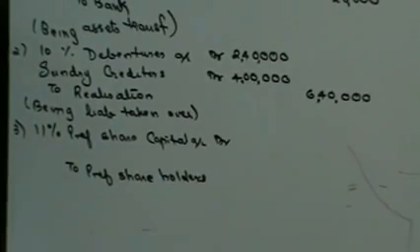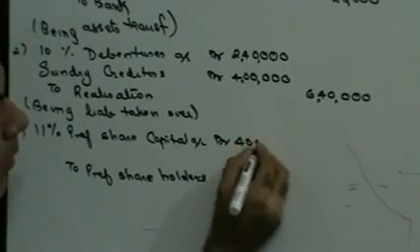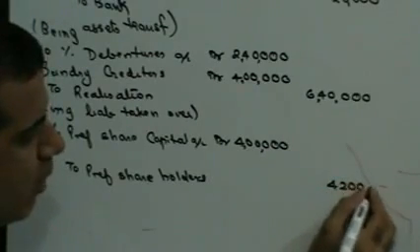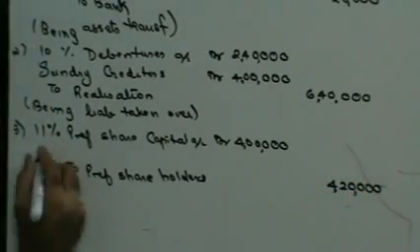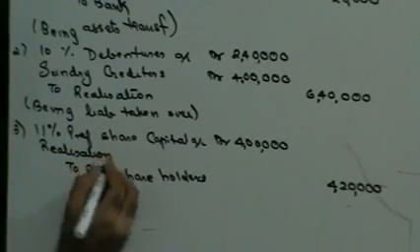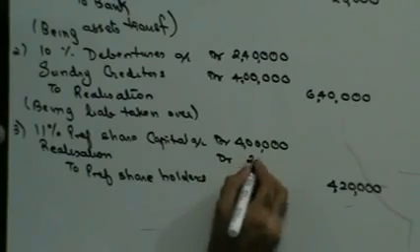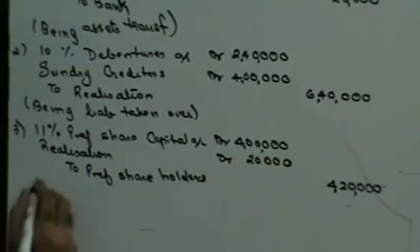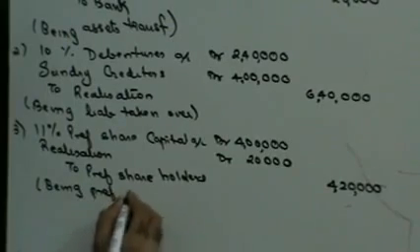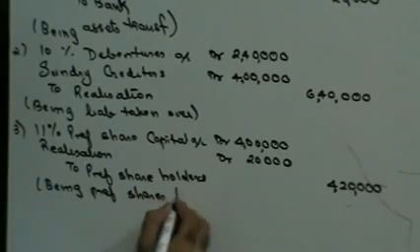Preference share capital is given to you as 4 lakhs. Preference shareholders from our PC, we know we pay them 4,20,000. The difference is going to be realization. Debit 20,000 being preference shares transferred.